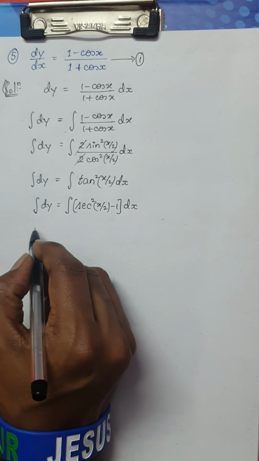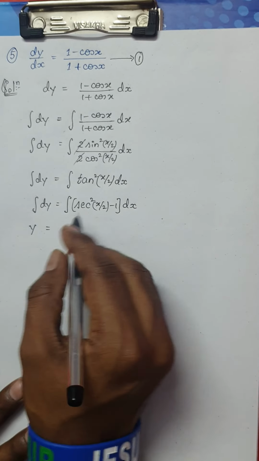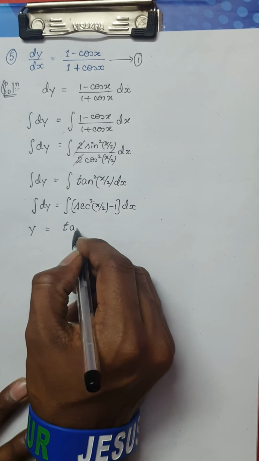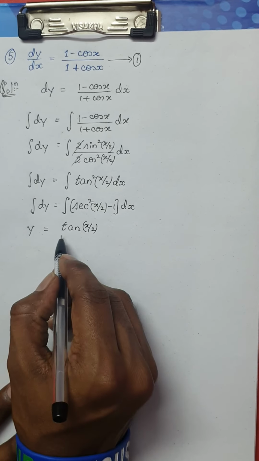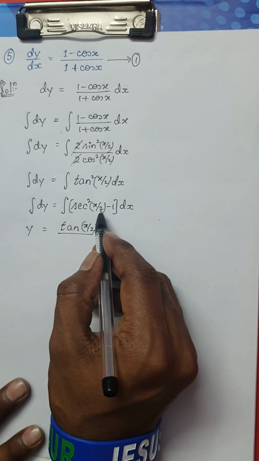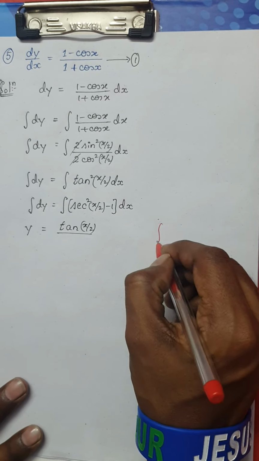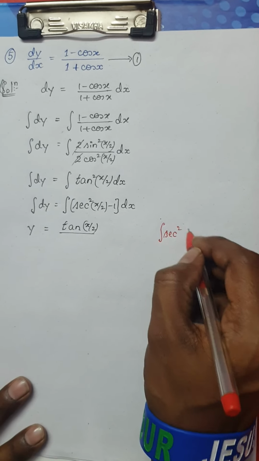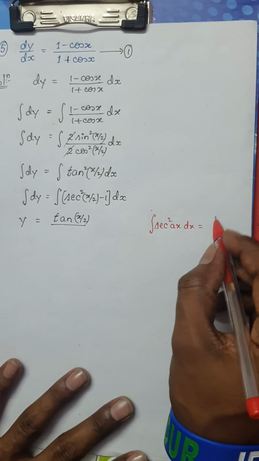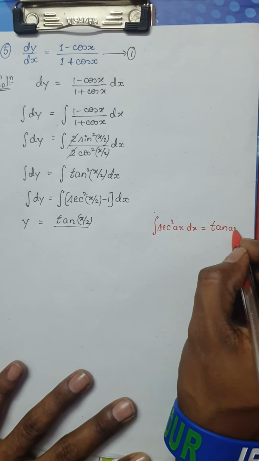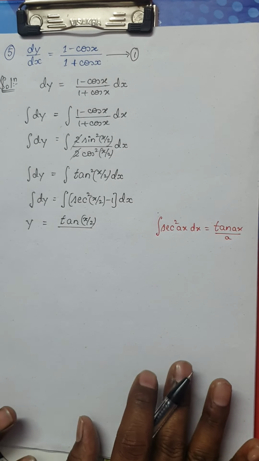Now integral of dy would be nothing but y, and remember, integral of secant square ax dx is tan ax divided by a, plus c as a constant.